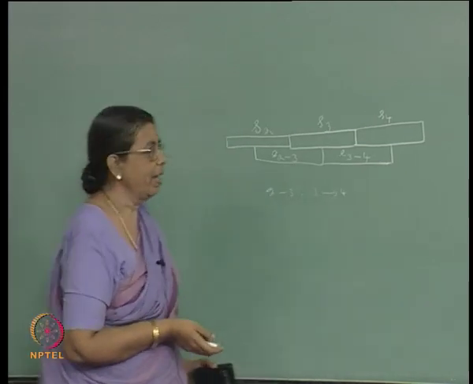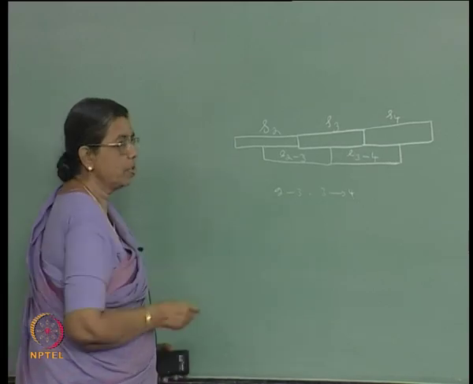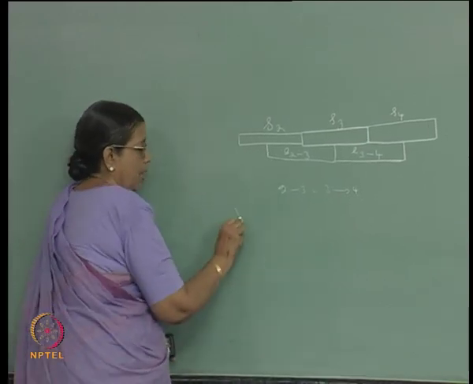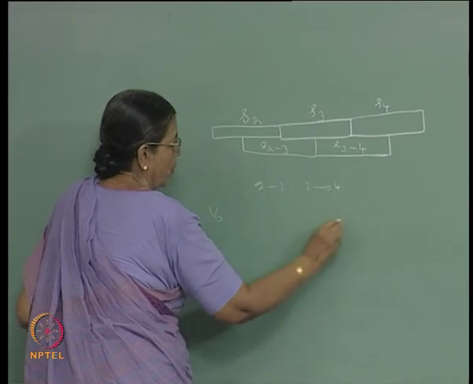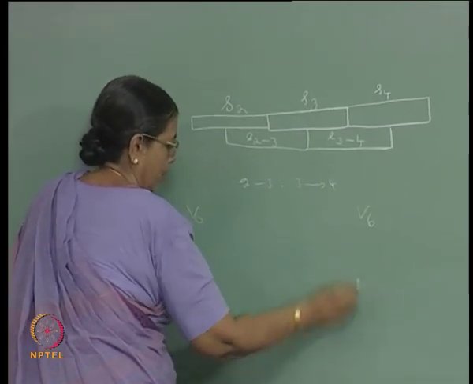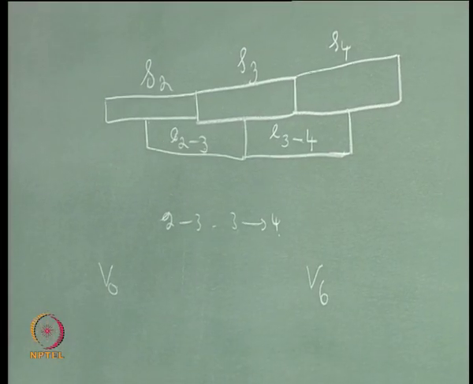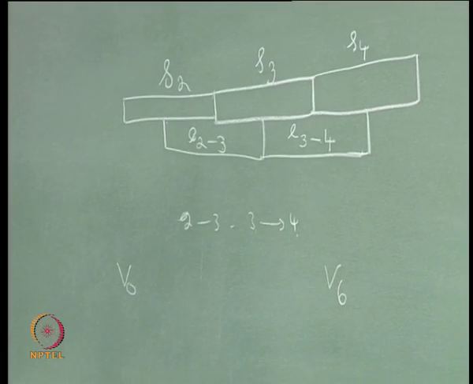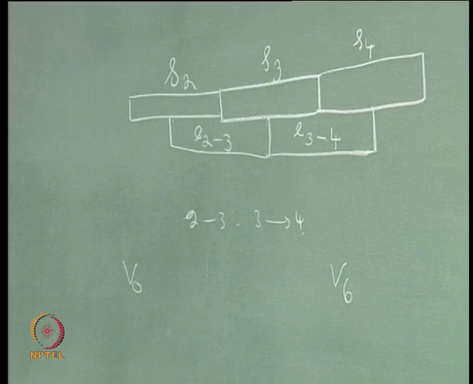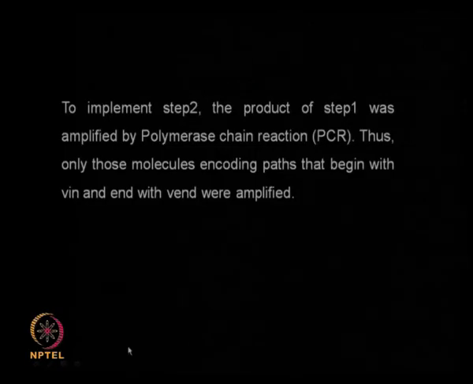Now, among that we want to select those which begin with V0 and end with V6, node 6. How do we achieve this? Adleman used the following criterion to do that. The second step he implemented in the following manner.